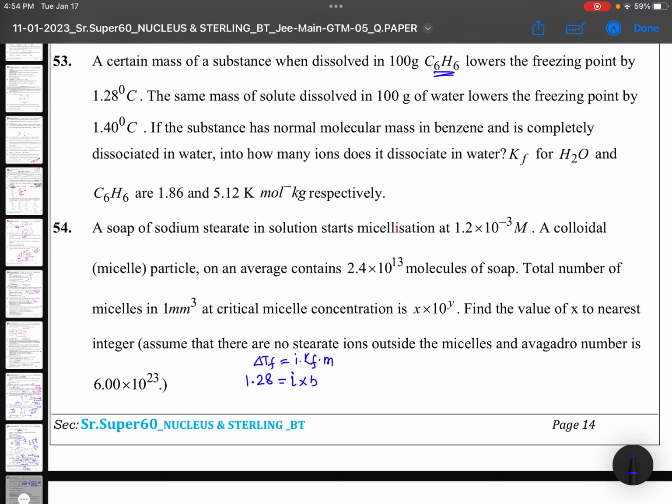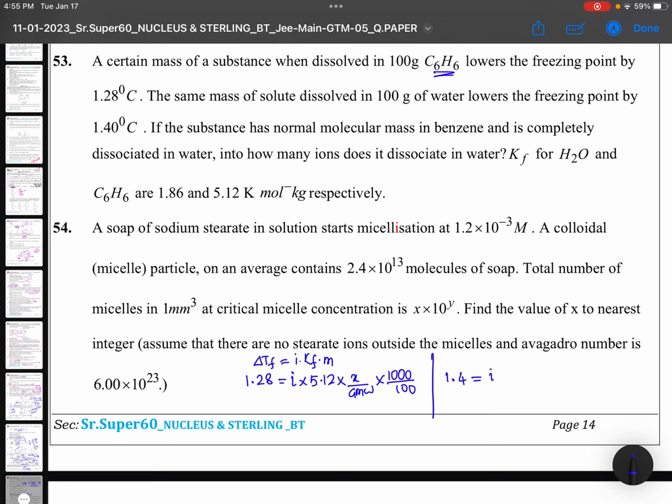It is given 5.12 into molality. Molality is certain mass of substance, we don't know the mass also, we don't know even the molecular mass, into 1000 by 100. For the other one, 1.40 is equal to the same mass of solute dissolved in 100 grams of water.